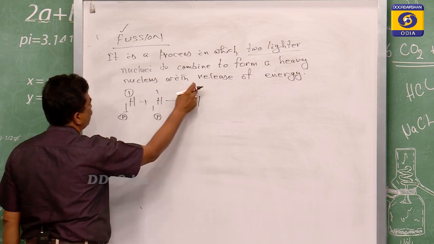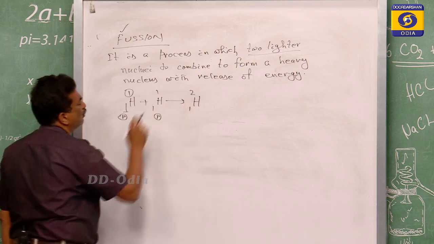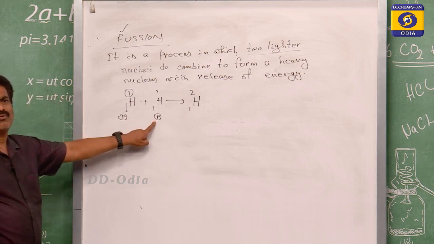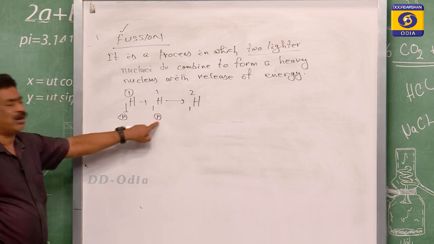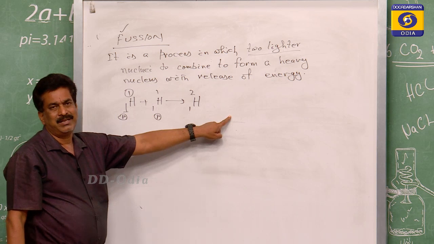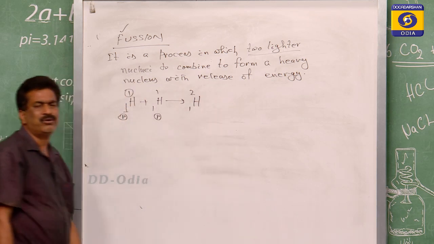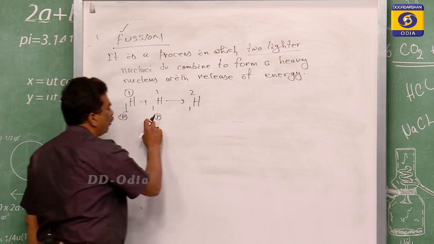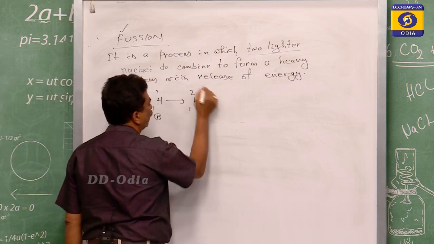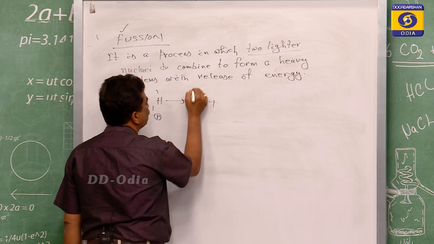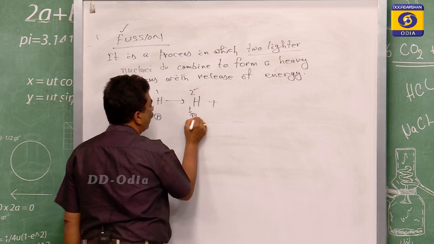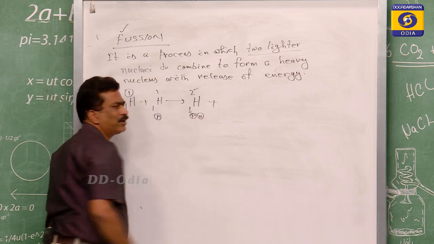So 1 plus 1 is equal to 2, but 1 plus 1 is equal to 1. So here one proton is not there on that side. Then what will happen? That proton is converted into a neutron. So when the proton is converted into a neutron, you see here it is 1 with 2, means 1 proton and 1 neutron.